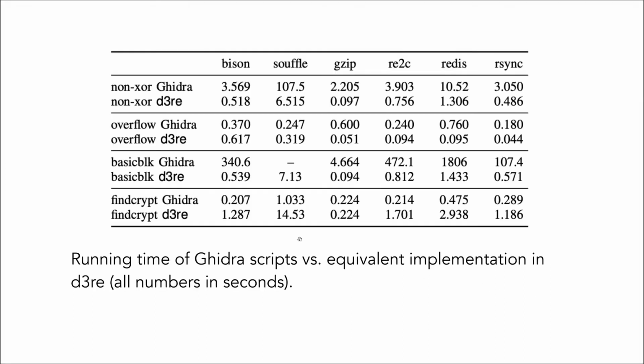We also compare the running time of the original Ghidra Python plugin engine and our Datalog plugin engine. You can see that in many cases our tool is faster, because the Datalog engine, like Souffle, has a very efficient index selection algorithm, and it also has a very efficient data structure to store the facts.